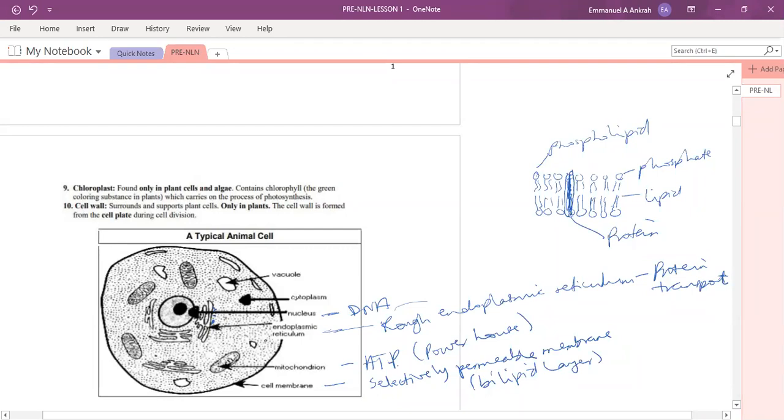That's why it is rough. And we have to remember that the function of the ribosomes is to make proteins. Ribosomes make proteins.